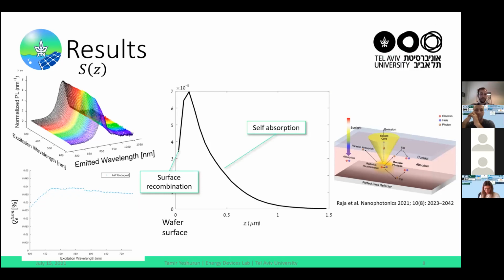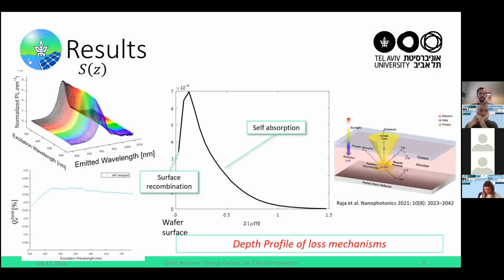Maybe something like self-absorption: if we have a material that has a tendency towards radiative recombination, then we can see this line would be higher. And all in all, we sort of got a depth profile of loss mechanisms. So if we have a more complicated device than just a wafer, we can see spots or locations where the efficiency is being affected.